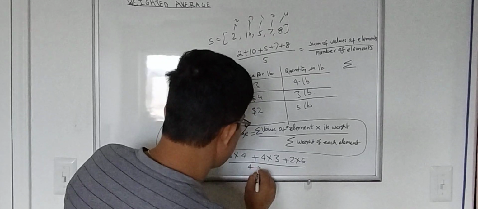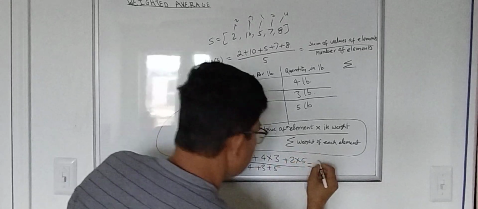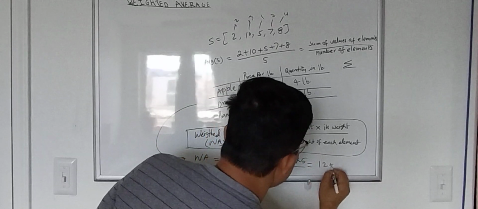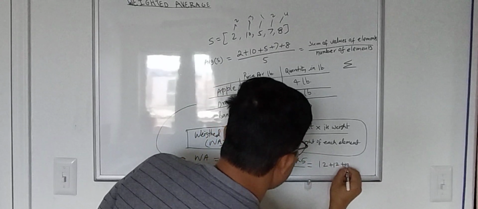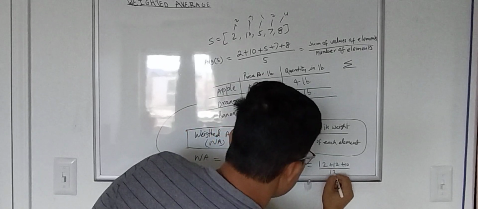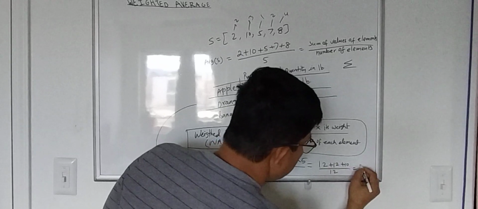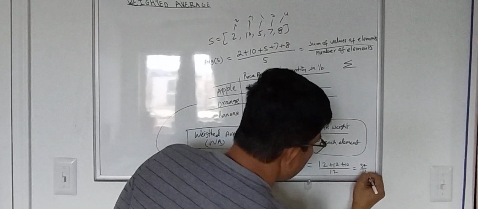So let me write it down first, then we'll now solve this one. 3 times 4, 12. Again 4 times 3, 12, plus 10, divided by 12. Okay. So this is 12 plus 12 is 24, plus 10, 34 divided by 12.